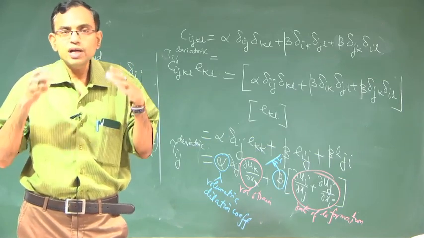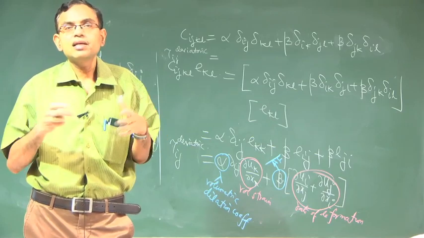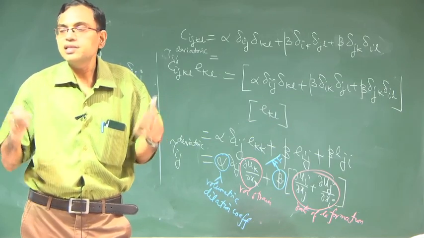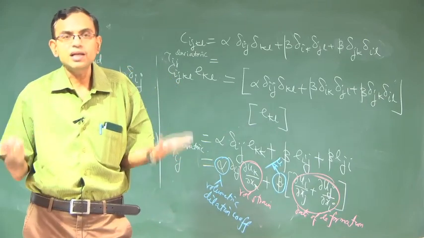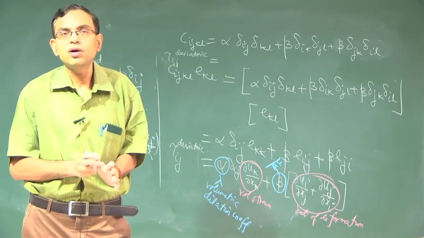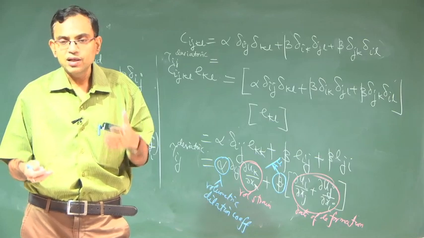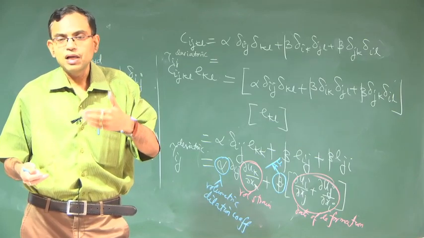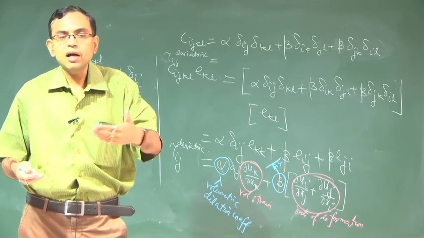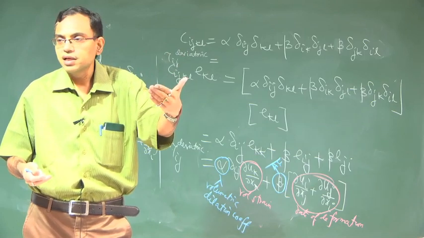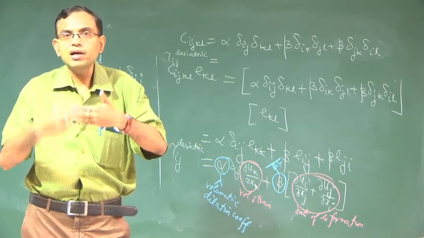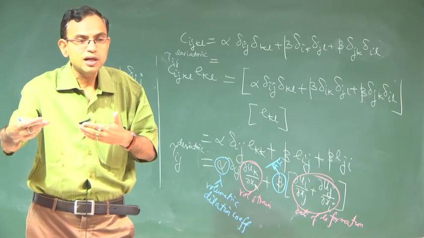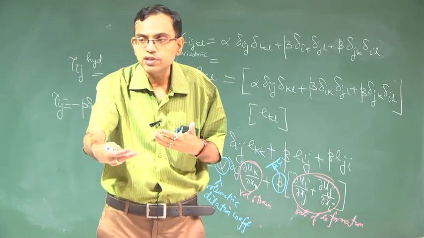Otherwise, students will have an imagination that Newton's law of viscosity is tau equal to mu du dy, and that is clearly incomplete, if not incorrect. This is something like when we teach our children, say Ramayana, Mahabharata and all these things: tau equal to mu du dy is like Ramayana for children, Mahabharata for children, it is Newton's law of viscosity for children.